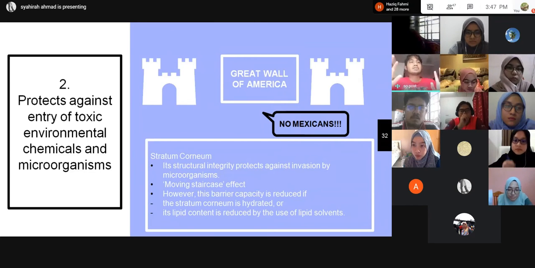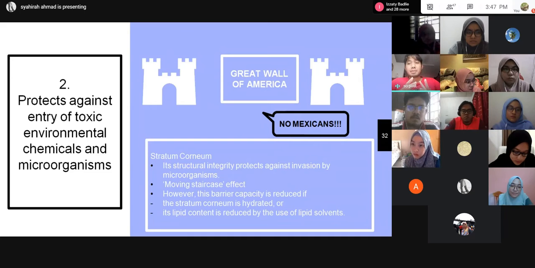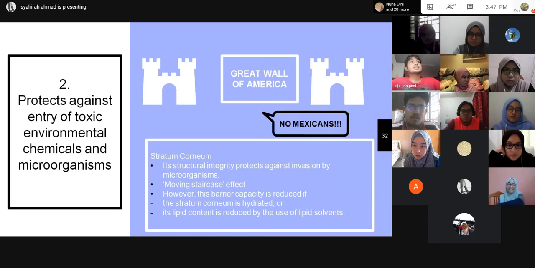This relative impermeability of stratum corneum and moving staircase effect provide a passive barrier to infective organisms. However, this barrier capacity is reduced if the stratum corneum is hydrated or its lipid content is reduced by the use of lipid solvent. Okay. Next.